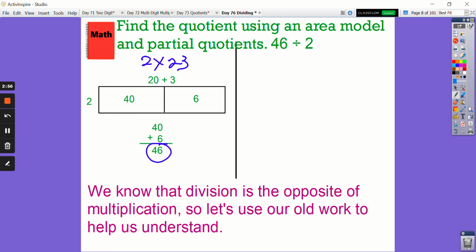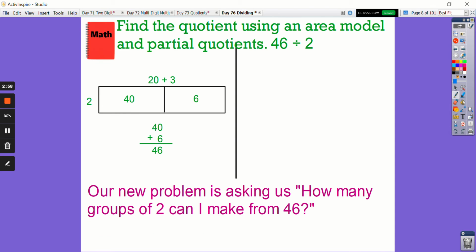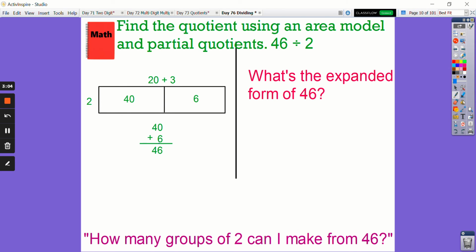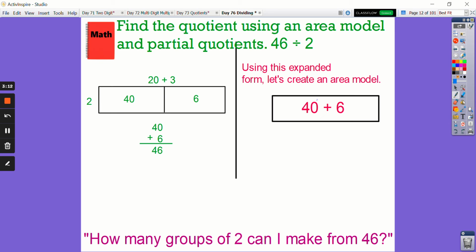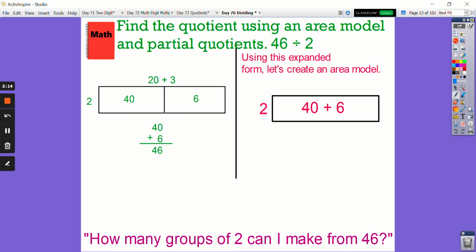So we were given 2 times 23, and we ended up with 46. Now here, if we're working backwards, 46 divided by 2, we need to look at the expanded form. So expanded form of 46 is 40 plus 6. So we're going to set that up in our area model. But this time, since we're dividing, this is the answer.